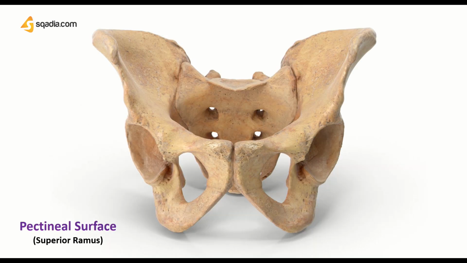The three surfaces are, first of all, the pectineal surface, which is triangular, and it lies between the anterior and the superior borders, from the pubic tubercle, which is a raised tubercle, as you can appreciate here, to the iliopubic eminence, which is a raised ridge at the junction of the ilium with the pubis.